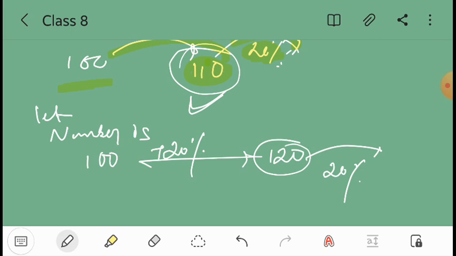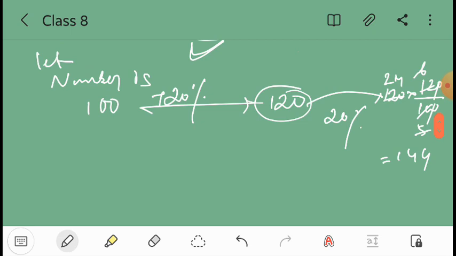So the increased amount of 120 over 20% is counted like this: 120 into 120 by 100. So this 0 will be cancelled out. If we cancel out this one, it will be 6, and this one will be 5. So 5 2 4, 144. So the increased amount is 144.